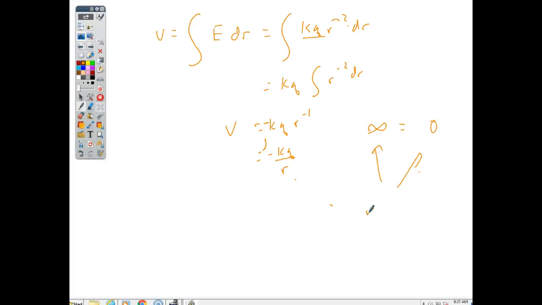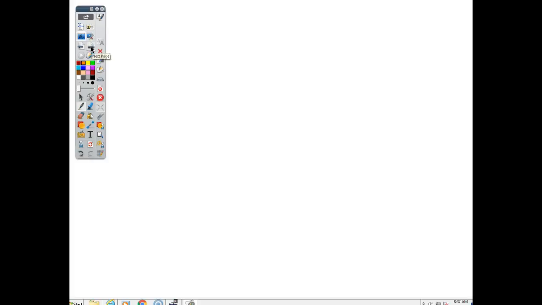So how much potential energy is vested in a -2 Coulomb test charge? This is 10 meters from a 10 Coulomb positive charge. So here we go. You ready? I'm going to go voltage is equal to the integral from where to where am I going to integrate this thing?